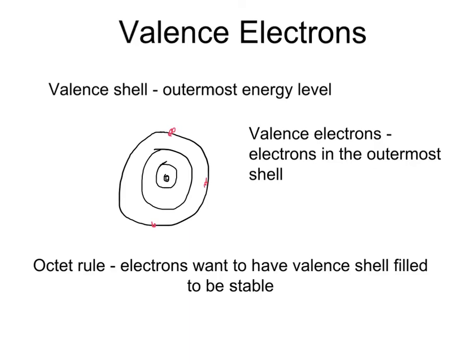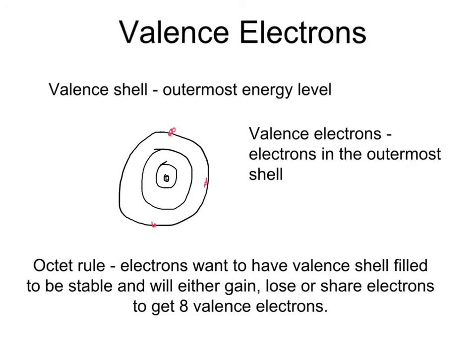Now, atoms will either gain, lose, or share electrons in order to have a full valence shell. And in order to have a full valence shell, you must have 8 valence electrons. So if we look at this example, this has 3 valence electrons. Now, we have to consider, is this going to gain or lose?